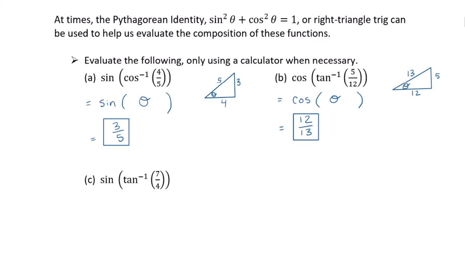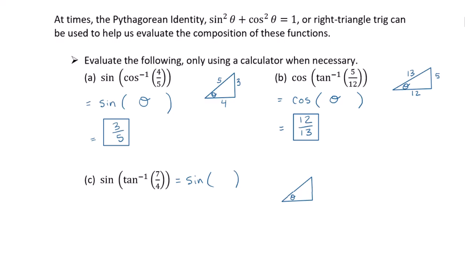Now the sine of the inverse tangent of 7/4. Here I want the sine of whatever angle it is that gives me a tangent of 7/4. So I'm going to go ahead and draw some angle again. Let's call this angle theta.